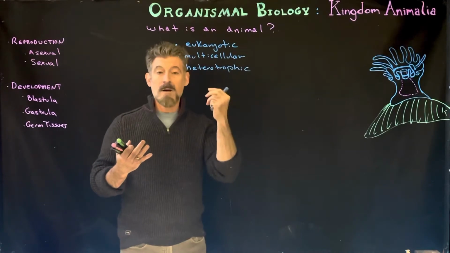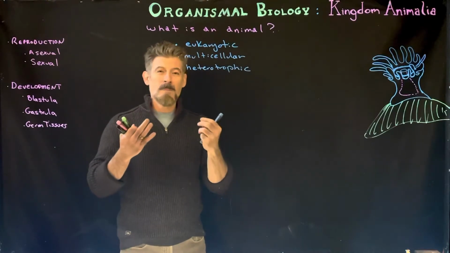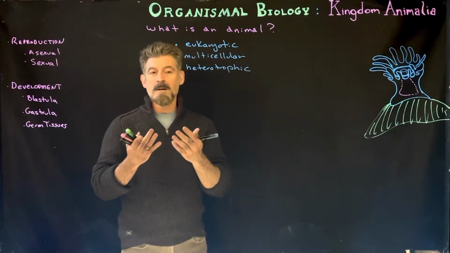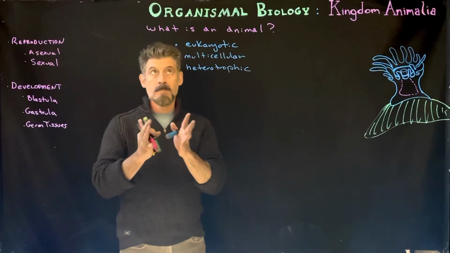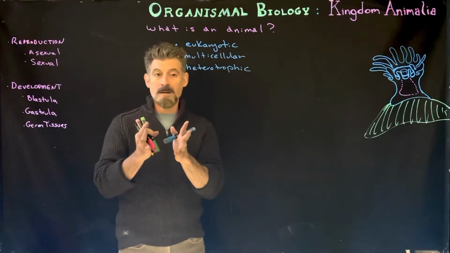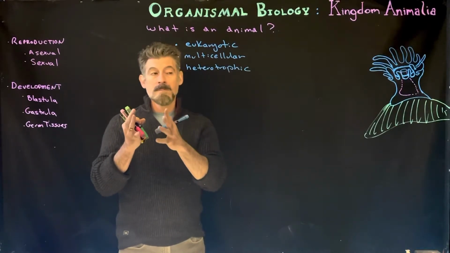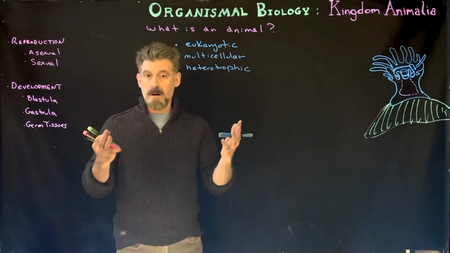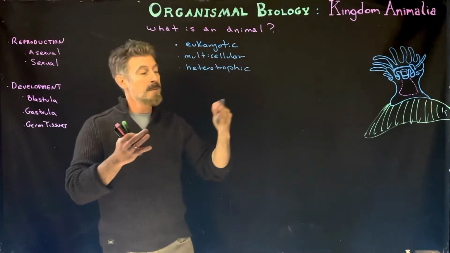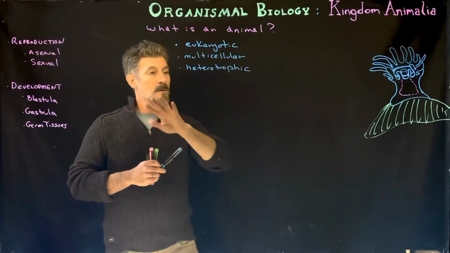They are eukaryotic and multicellular, but they do not have a digestive cavity. Their digestion occurs at the cellular level. So it's as if they're a colony of protists that work together to carry out a variety of different functions. Except they are animals, not protists, but they're the first step in that. But they're all heterotrophic.